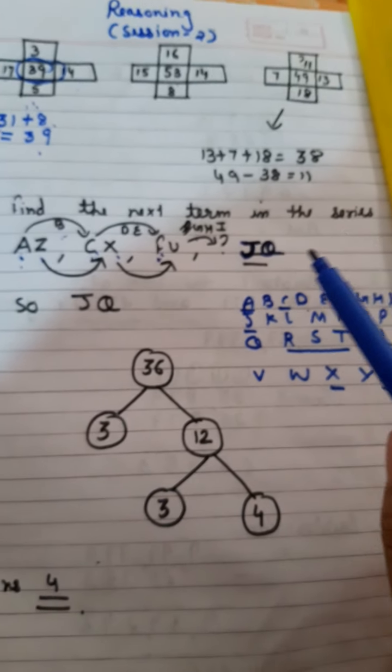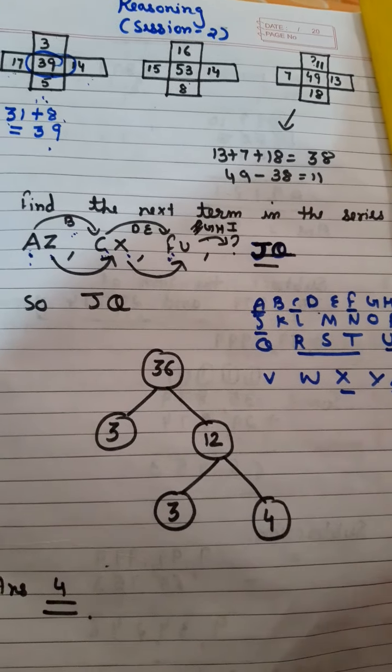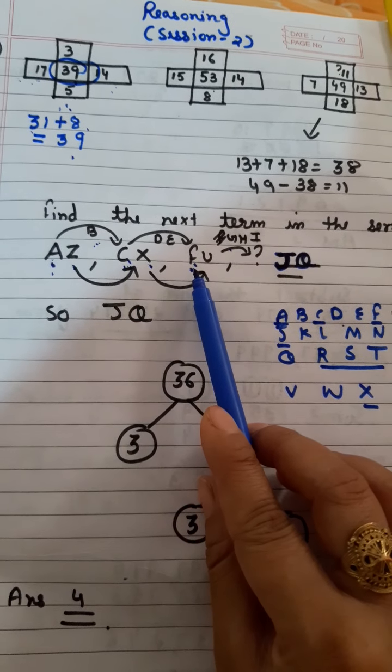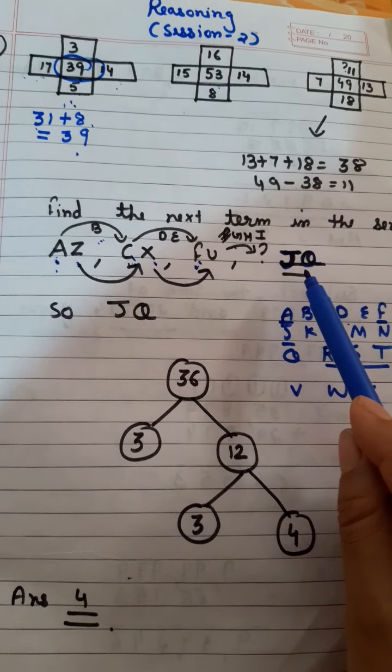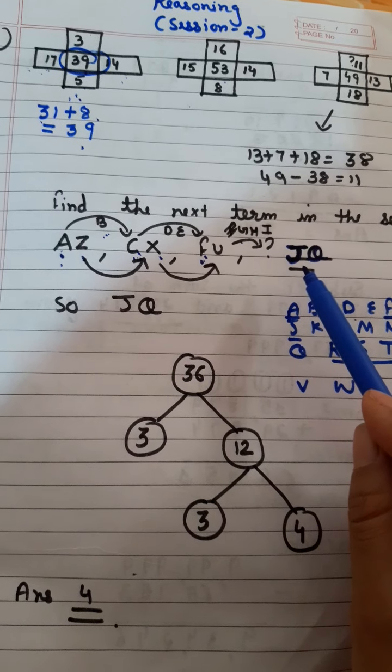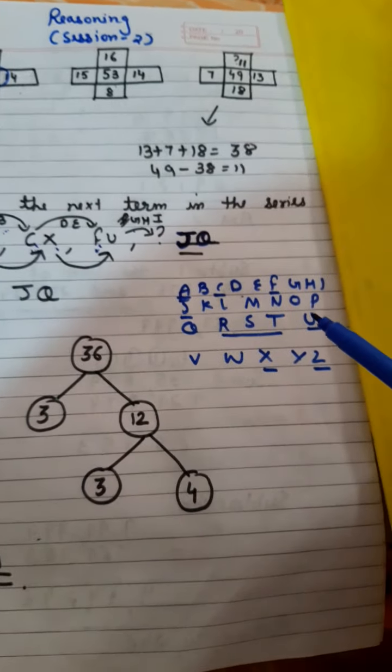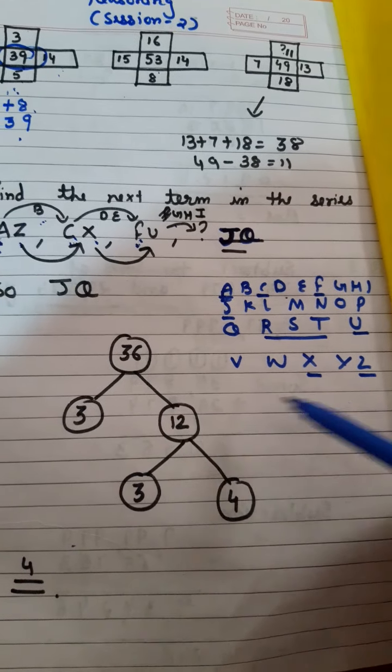Clear? Now move towards your question number 4. Find the next term in the series. Here the series given to me is AZ, CX and FU, and I have to calculate the next pattern in the series. If you observe it carefully, I have written here the alphabet series for you.